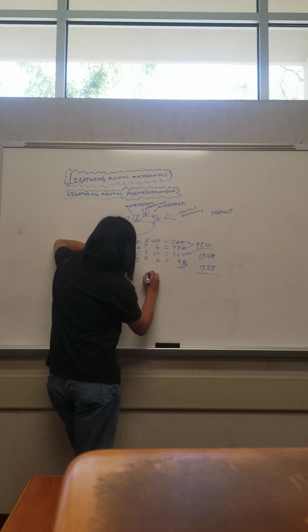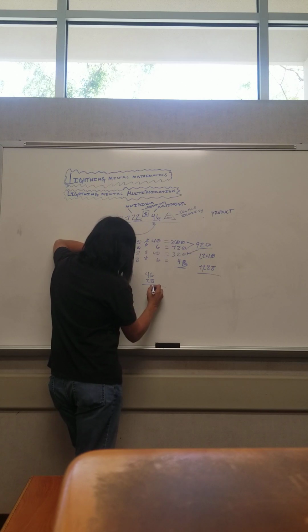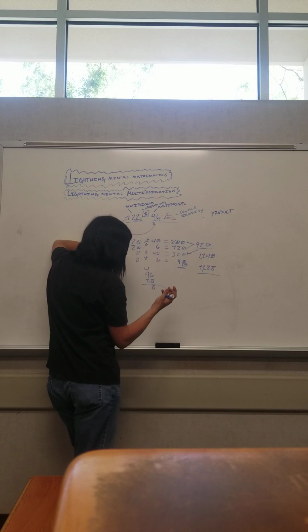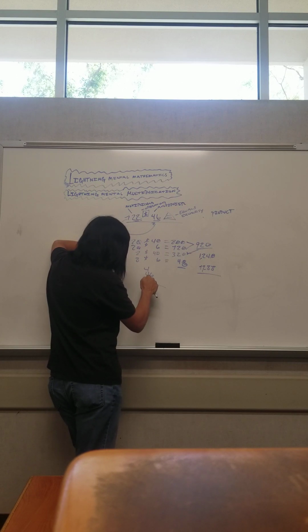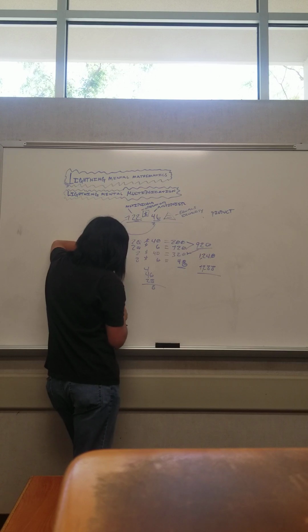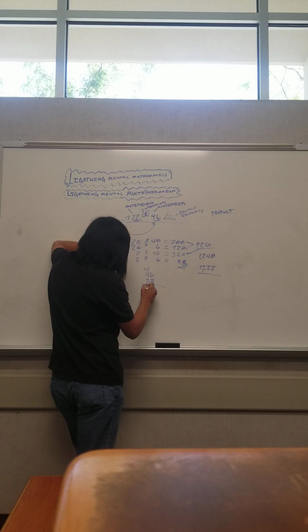So we do 46 times the 28, right? So we have 8 times 6 is 48, and then we carry the 4, right? 8 times 4 is 32, plus the 4 is 36, so 336, right?